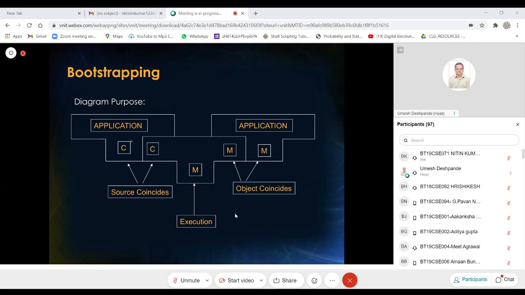So let's assume for the time being that we have a C compiler available with us. And that compiler works on a hardware, a target machine, let's say M. Let's say that is the hardware, the CPU on which we are running our programs. And the compiler translates any C language program into the target language program, that is the machine language M itself.